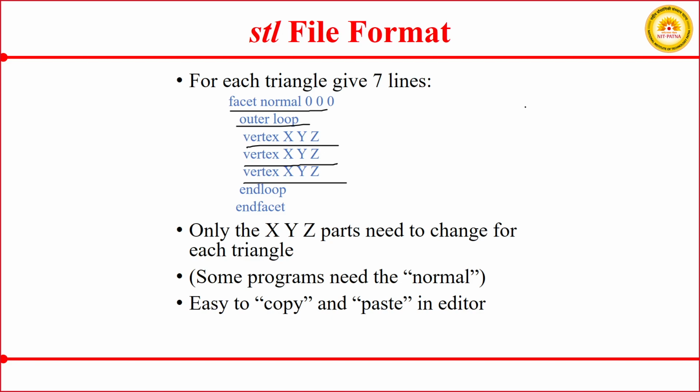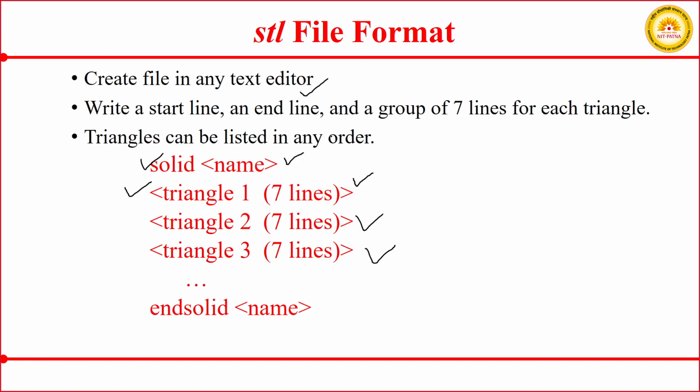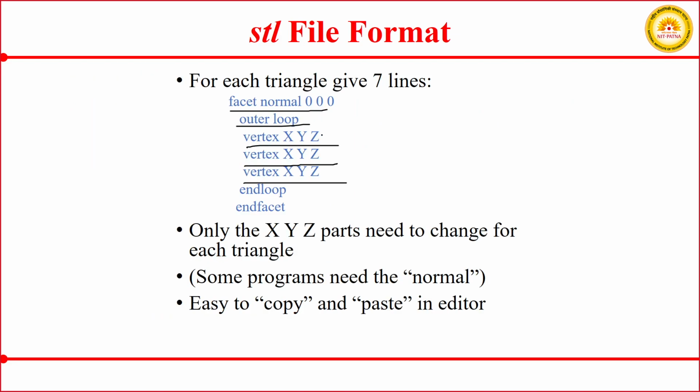So in a tetrahedron, how many surfaces will be there? So we are trying to represent these tetrahedron or triangle surfaces, or any polygon surfaces, using these triangles. And in these triangles, we have vertex 1, vertex 2, vertex 3.